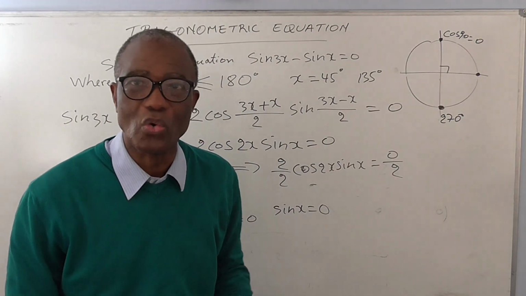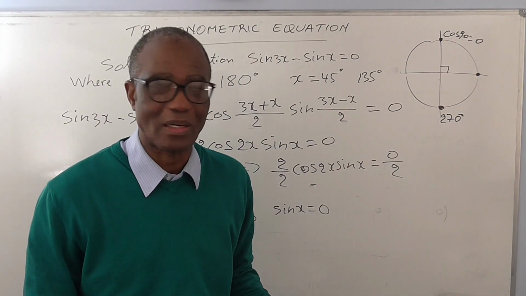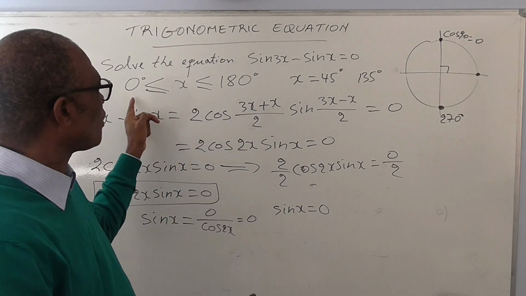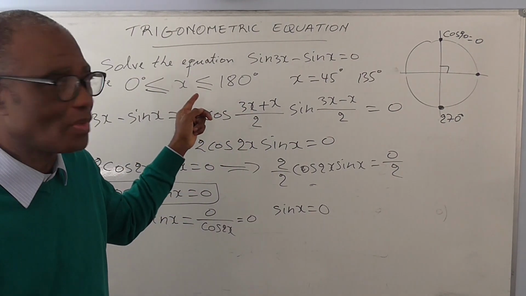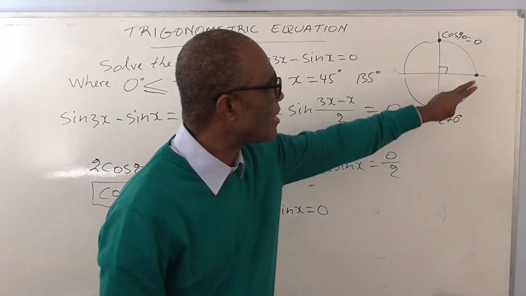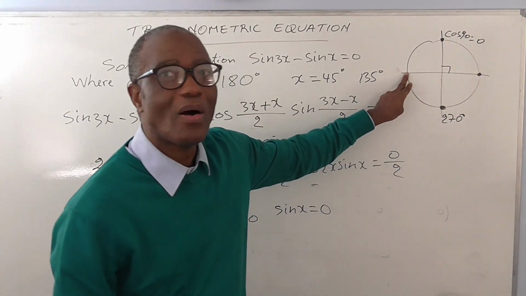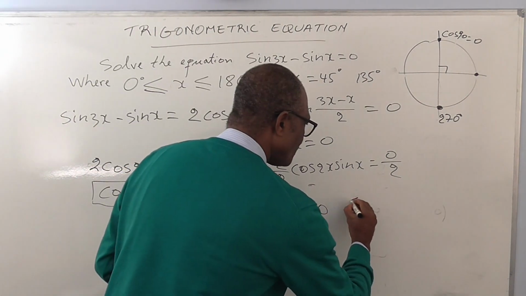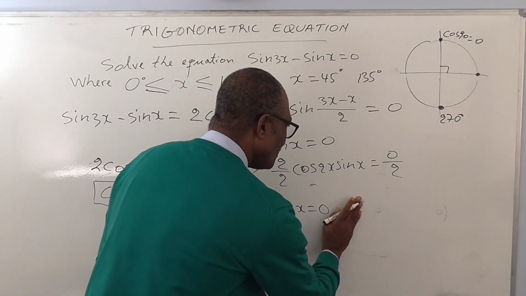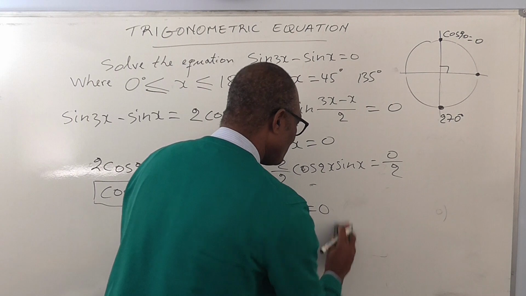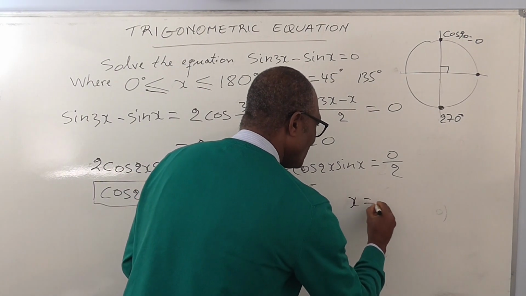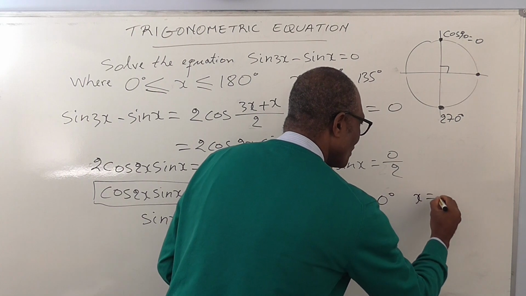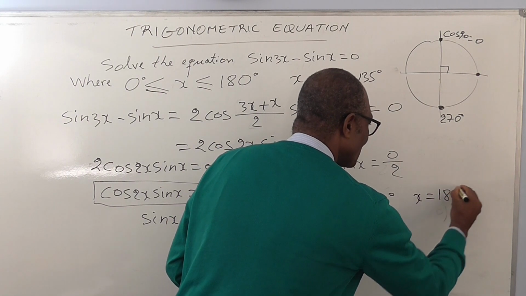But we are not going to consider 360 degrees because it is out of the domain, out of the interval that we have here. So we are just going to consider 0 degrees and 180 degrees. So sine x is equal to 0 degrees and another x is 180 degrees.